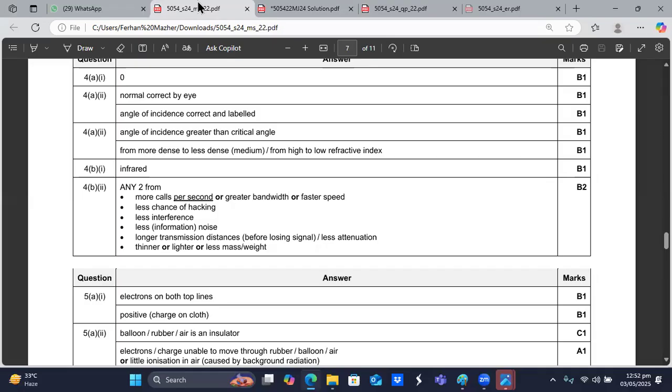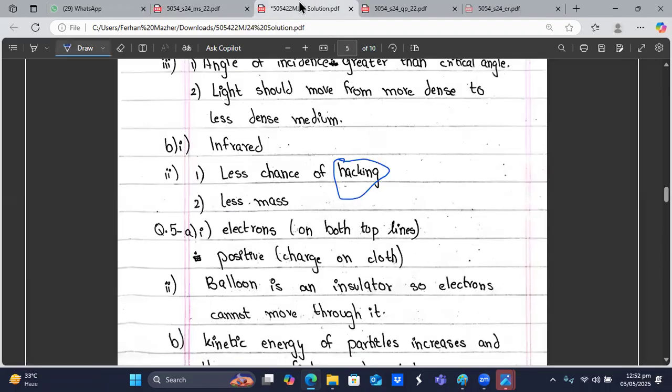In the marking scheme: more calls per second or greater bandwidth or faster speed, less chance of hacking, less interference, less information or noise, longer transmission distances before losing signal, less attenuation, and thinner or lighter or less mass. He says less chance of hacking, that's why I also wrote it there. So you just have to write two out of these.